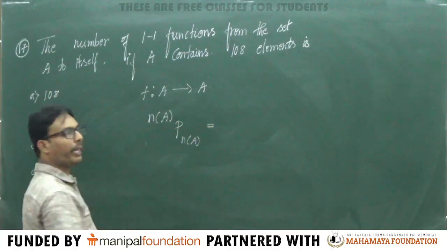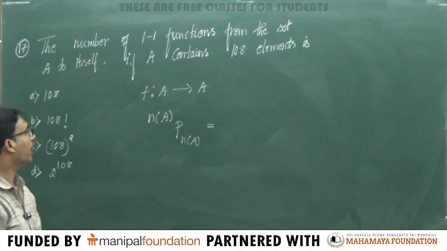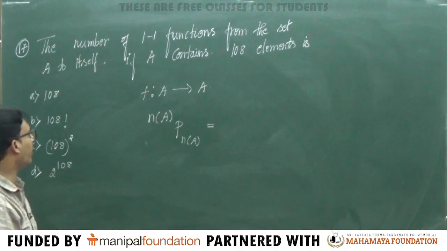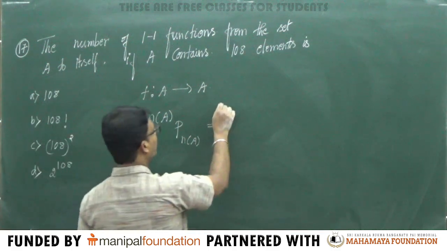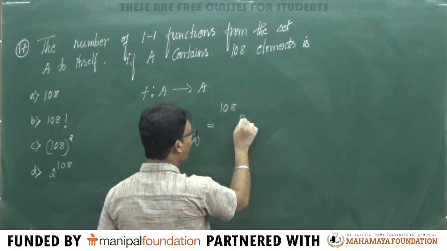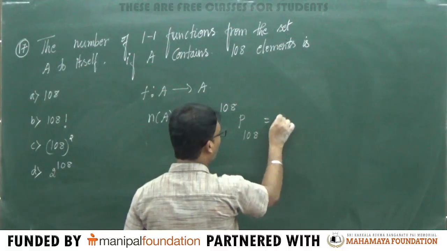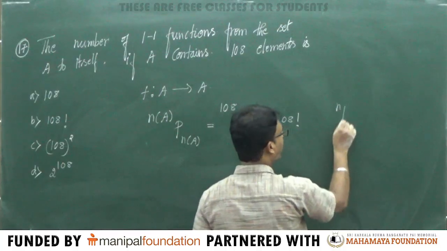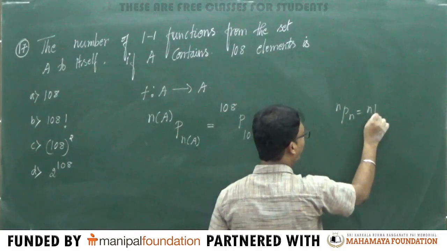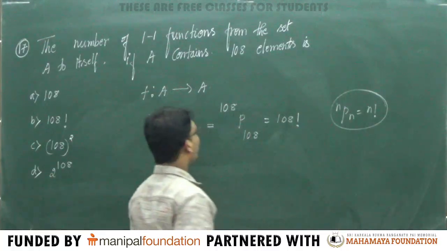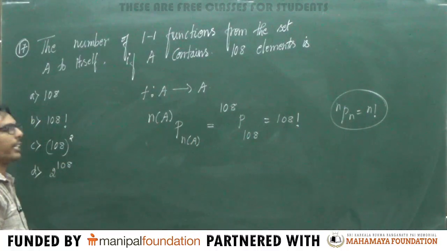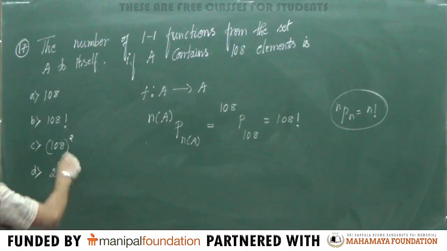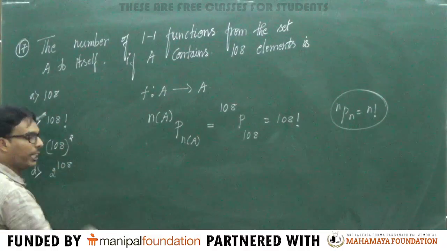Here both domain and codomain are the same set containing 108 elements. So the answer is 108 P 108, which is equal to 108 factorial. We know that nPn is equal to n factorial. Therefore, 108 P 108 is equal to 108 factorial. Therefore, the correct answer is option B.